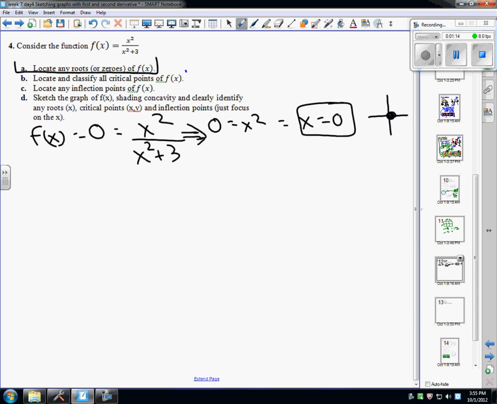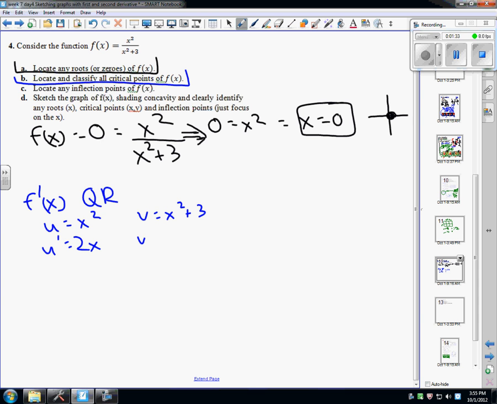Critical points. I'm going blue. We've been doing this all week so far. So I take my first derivative. That's a quotient rule. That's okay. u is x squared, u prime is 2x. v is x squared plus 3, v prime is 2x again.